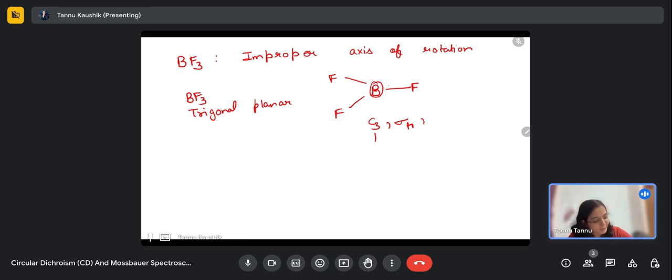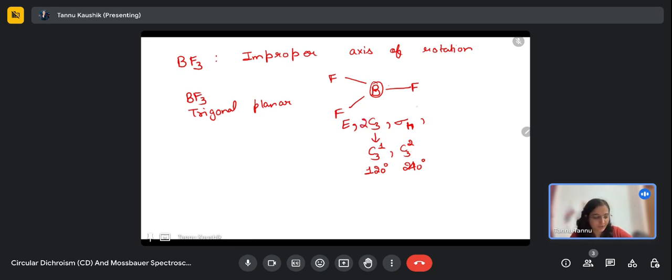In this molecule, we will have two C3 axes, C31 and C32, that is 120-degree and 240-degree rotation, which will give us an equivalent configuration. We also have the identity operation.